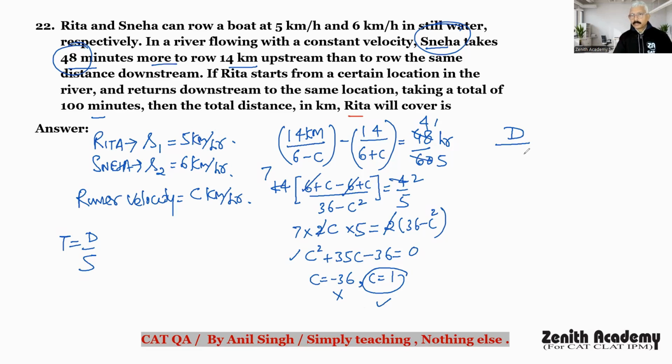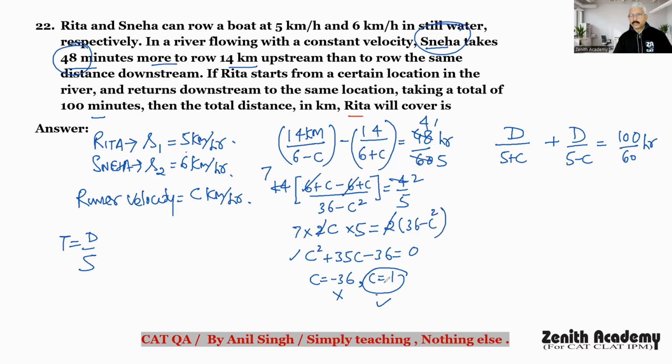So distance d, one time upstream and one time downstream. In the downstream, the resultant speed will be 5 plus C, and here it will be 5 minus C. The total time is given as 100 minutes divided by 60, in hours.